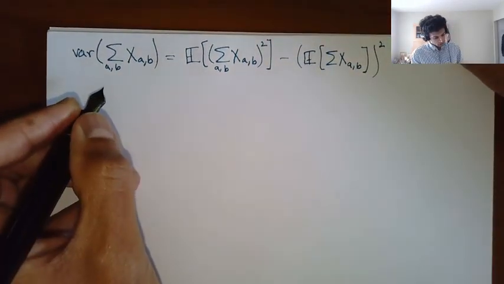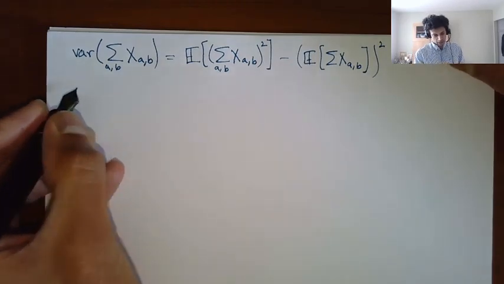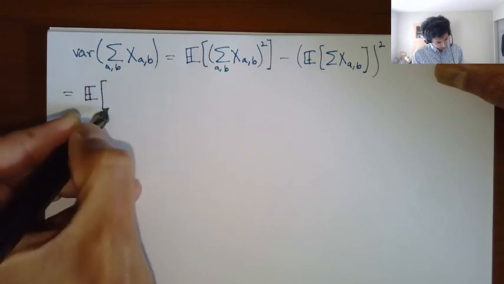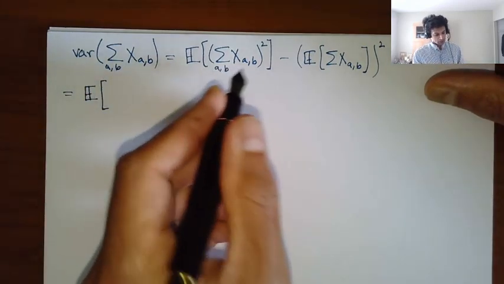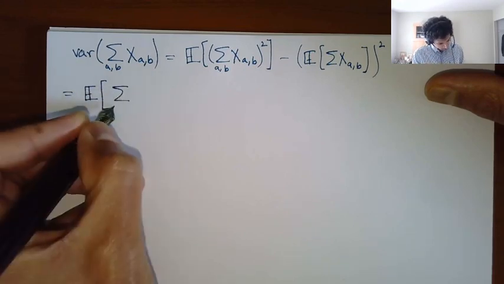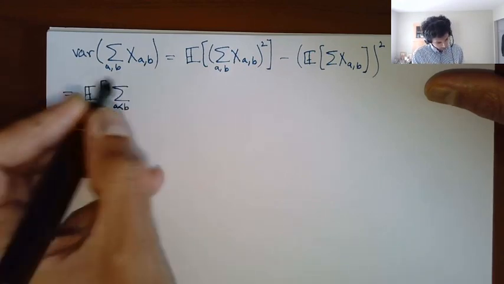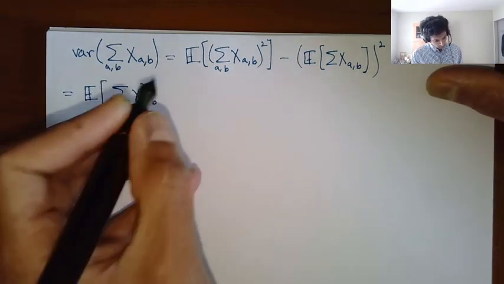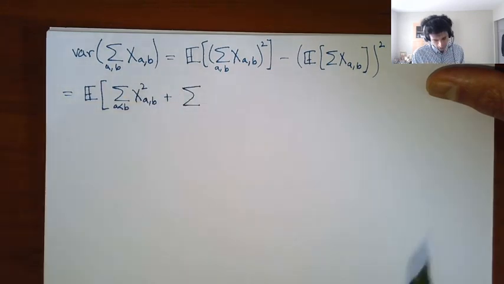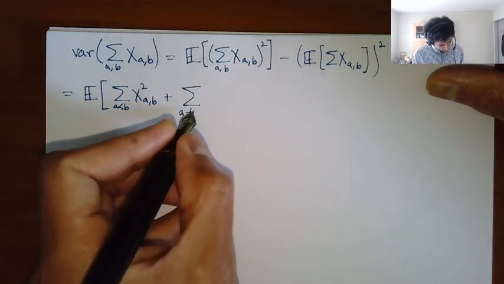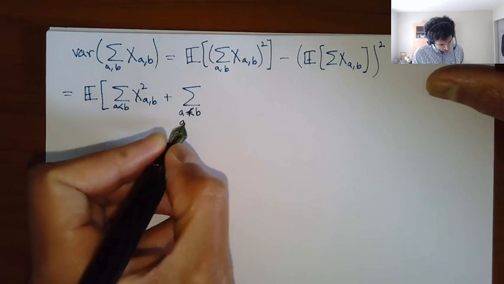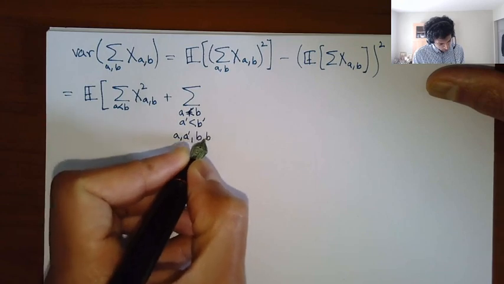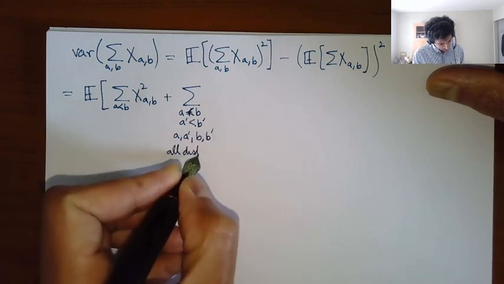Now I'm going to use linearity of expectation to break all these terms apart. Let's walk through these a little carefully. First I have the diagonal terms: the summation over a less than b of xab squared. Then I have a summation over a less than b, a prime less than b prime, with a, b, a prime, b prime all distinct.